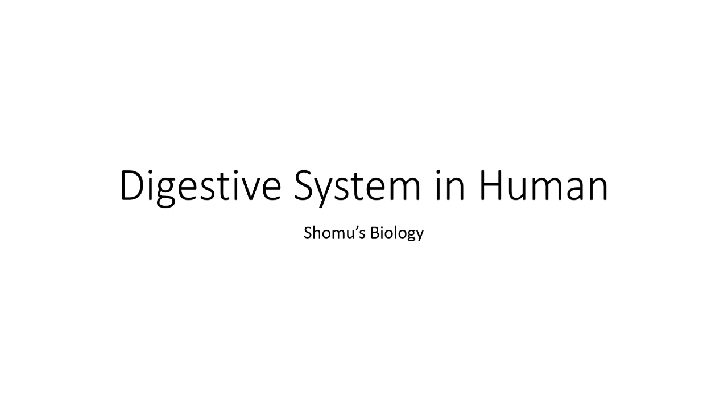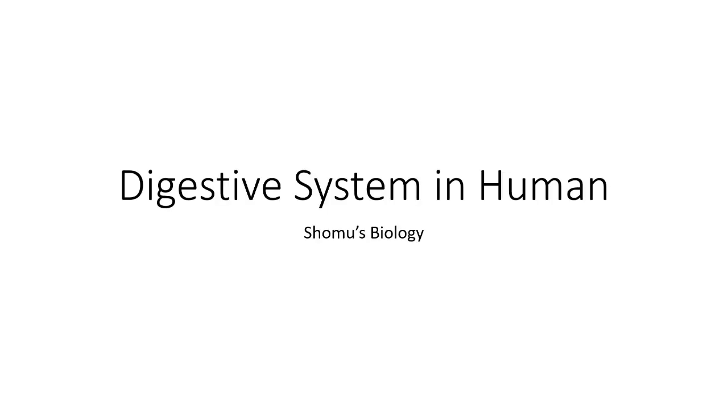All right, so now we are going to talk about the human digestive system, or the digestive system of the human body. This series is going to be a to-the-point note series where we discuss the different human physiological systems in a very short span, with a little bit of detail obviously, but in a short span of time.